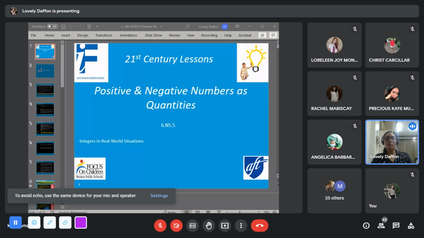So I really acknowledge that every one of you here knows how to solve integers and even the solutions, all the applications for integers. I think every one of us here knows it already. And it's easier for us to understand integers in the sense that it is already written in our module. We are more of independent learners.